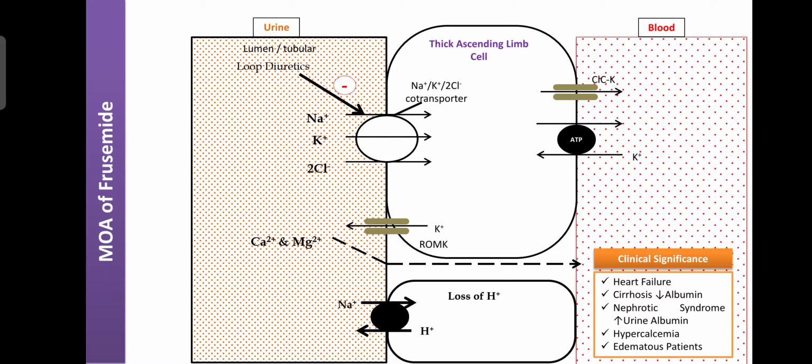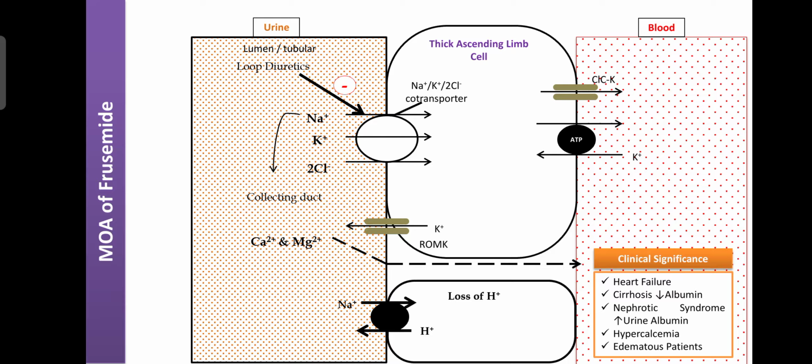Their reabsorption from the loop of Henle is inhibited by administration of loop diuretics, for example furosemide. Due to inhibition of this channel, sodium and chloride are deposited into the collecting duct instead of entering the blood.